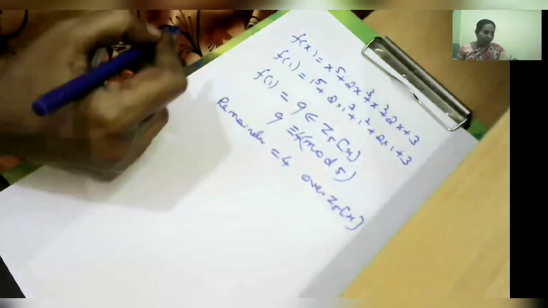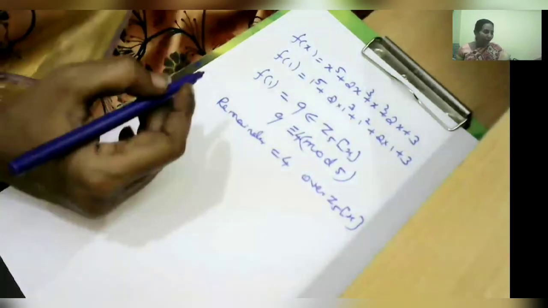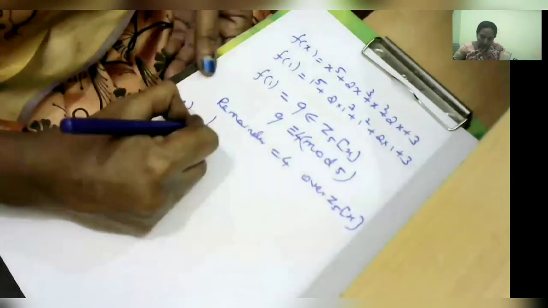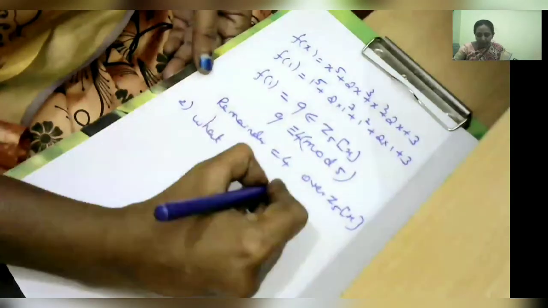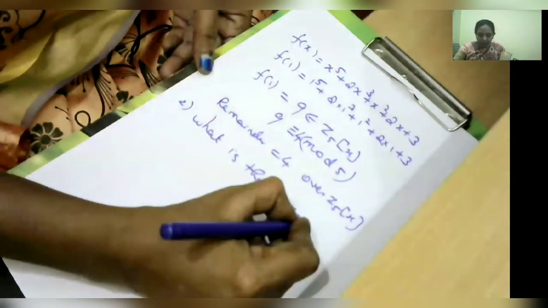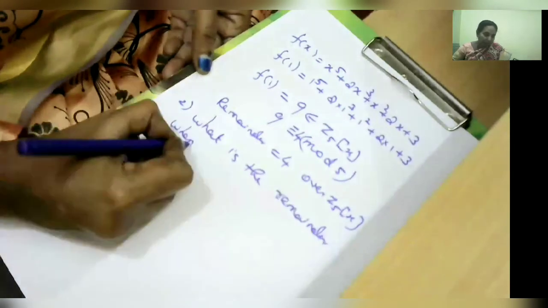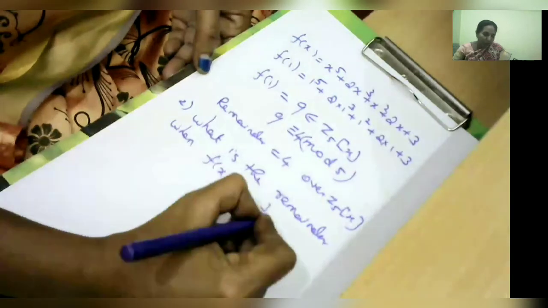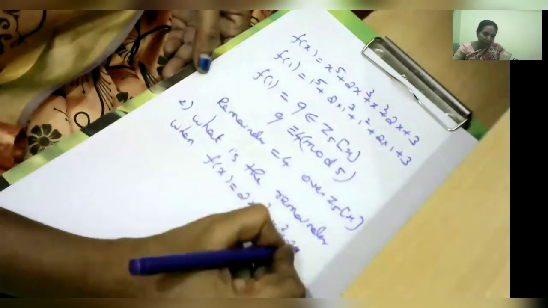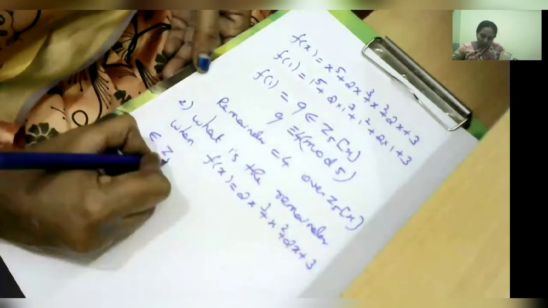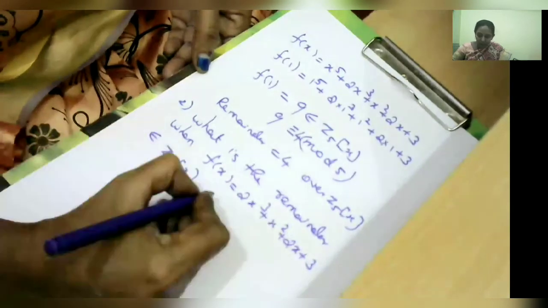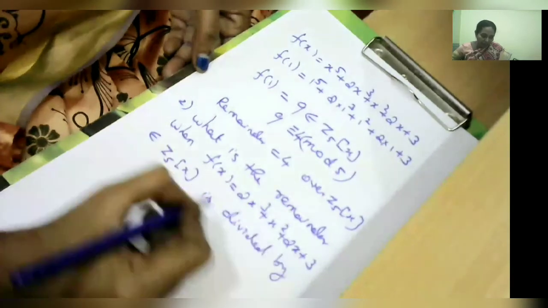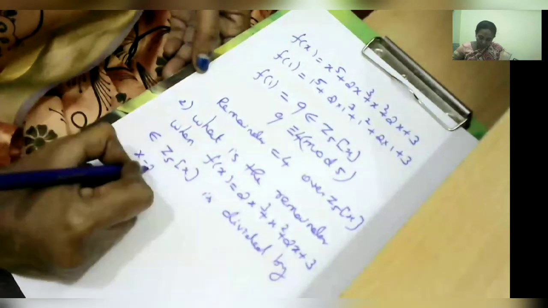So the next question: what is the remainder when f(x) equal to 2x cubed plus x square plus 2x plus 3, which belongs to Z5[x], is divided by x minus 2?